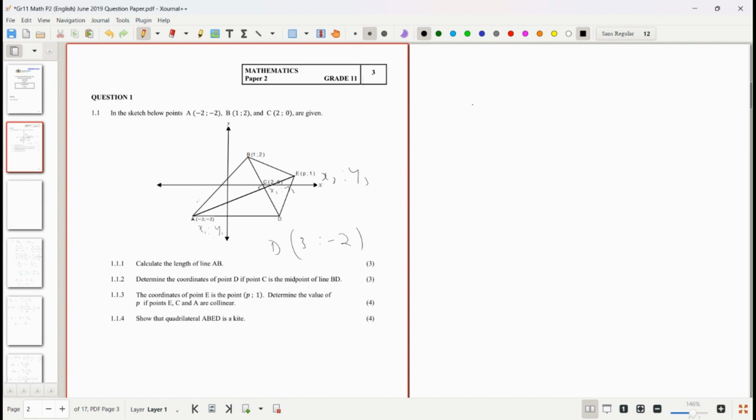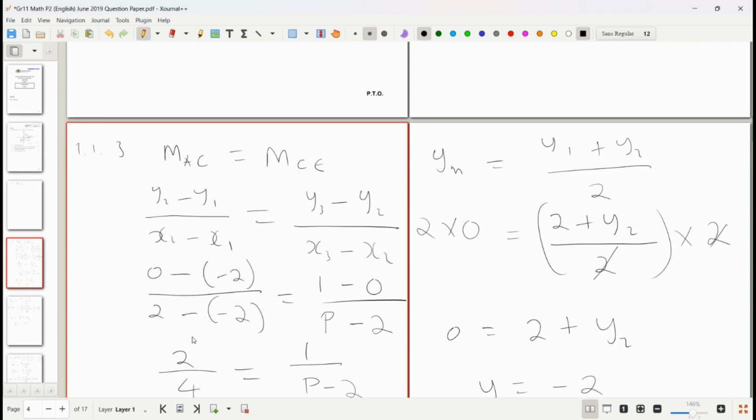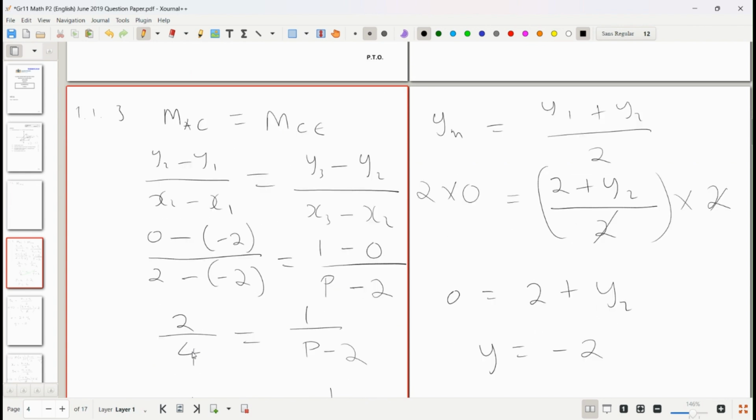So let's quickly calculate. We know the gradient of AC. We calculated it here and found it as 2 over 4.